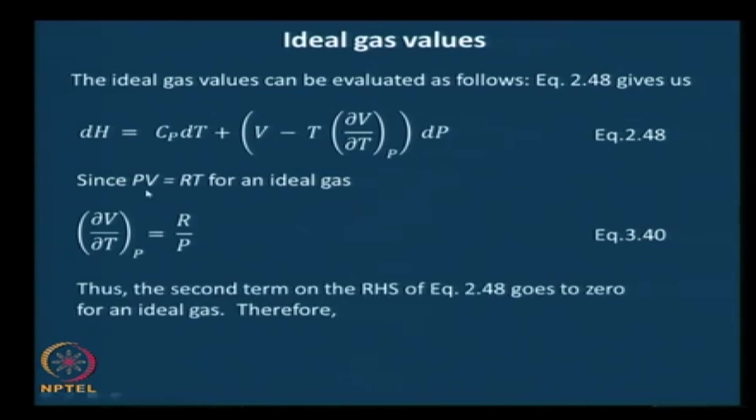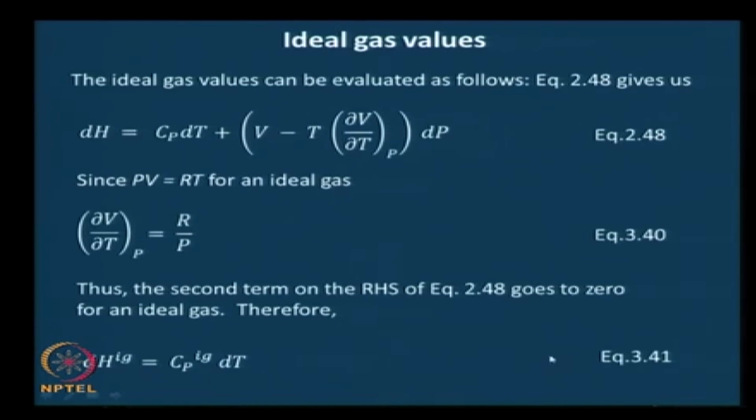Now the second term on the right hand side of 248 will go to 0 for an ideal gas, and therefore dH ideal gas is Cp ideal gas dT alone.